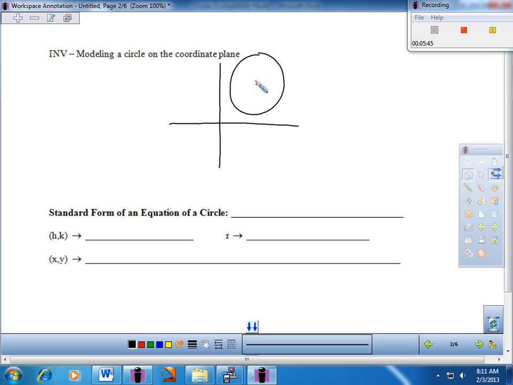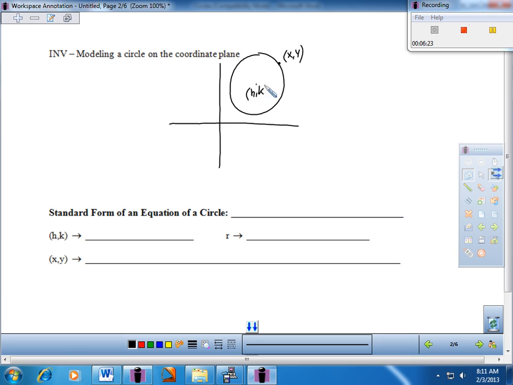Okay, now here's the idea. Here's where the algebra comes into play. I want to go ahead and just find a point anywhere there. I want a way to represent the infinite number of x and y coordinates on that circle right there. So go ahead and throw what we would call our variable point in place. And then obviously, guys, we want to relate that to our fixed point.